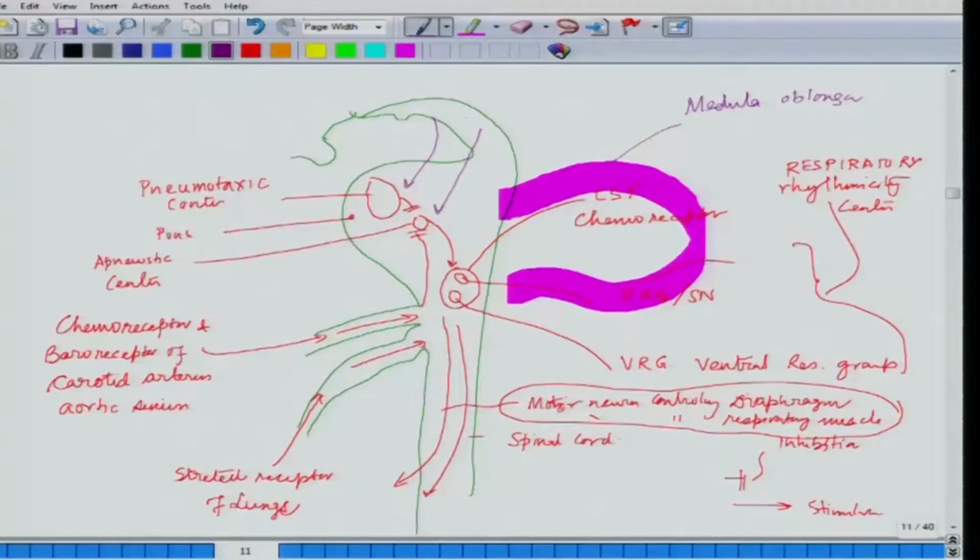So, these are the cerebrum, and these are the higher centers of cerebral cortex, limbic system, which includes hippocampus, limbic system, and hypothalamus. So, these are the different centers which are regulating this whole process.